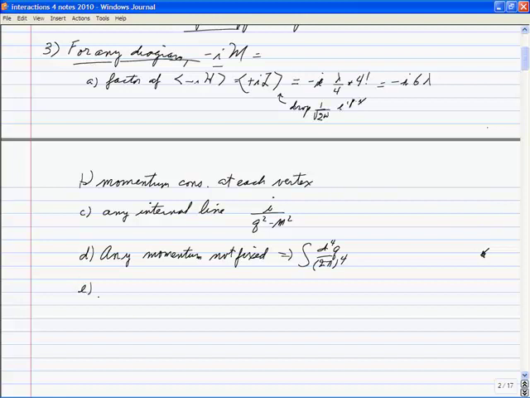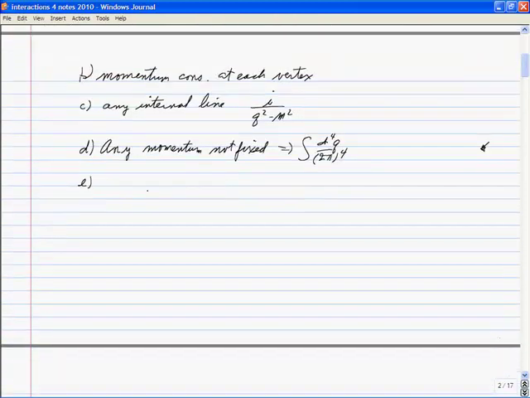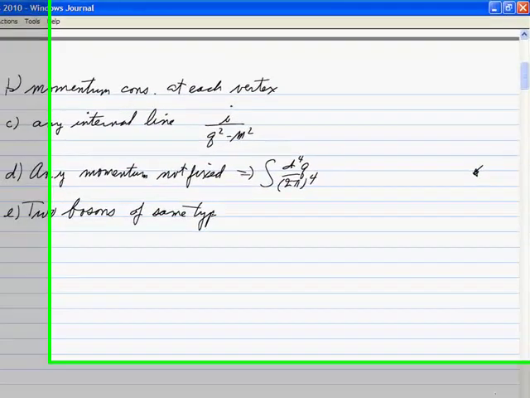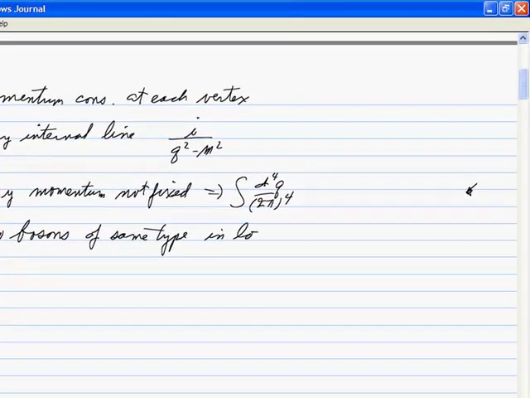And the lesson's a bit of a fussy one. If you have 2 bosons of the same type in a loop, there's a fussy factor of 1/2.